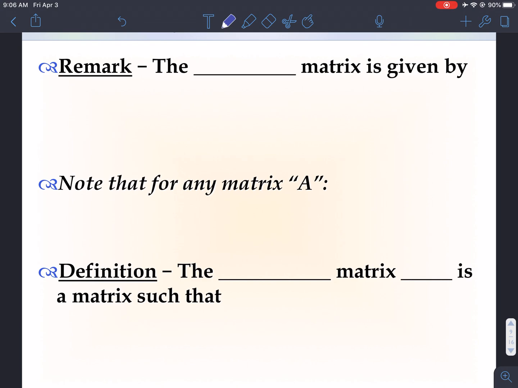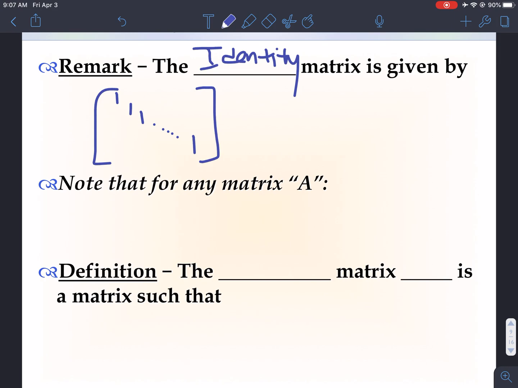Now, the next part of this section, we talk about the identity matrix. The identity matrix is given by 1s along the diagonal and 0s everywhere else.